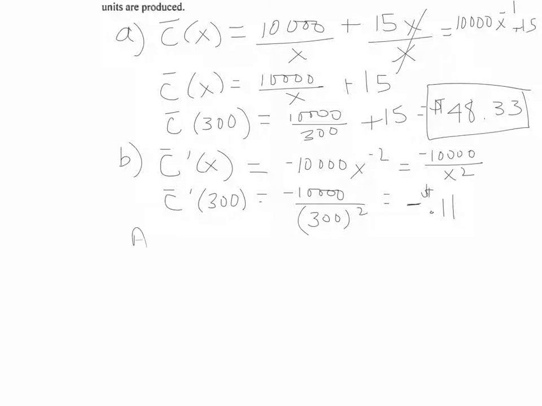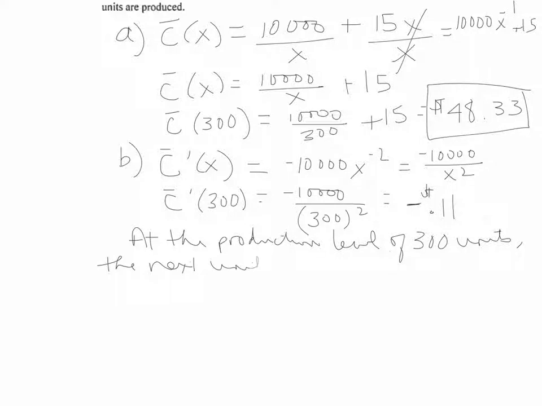So what we could say is at the production level of 300 units, the next unit decreases average cost by 11 cents. So in other words, if I make more than 300, if I make 301, each one of them costs me 11 cents less to make per unit.